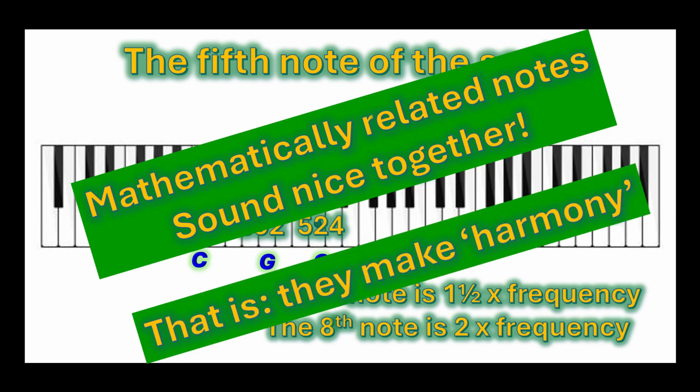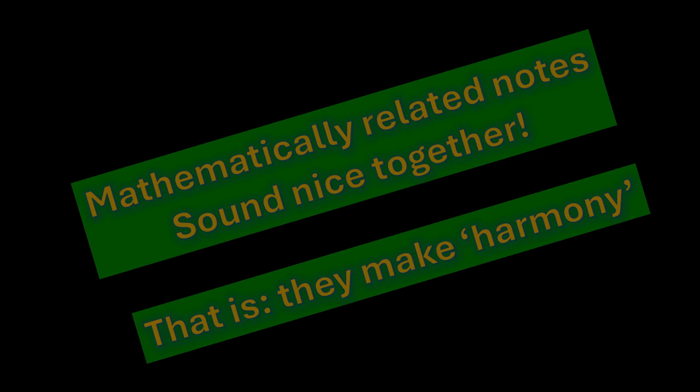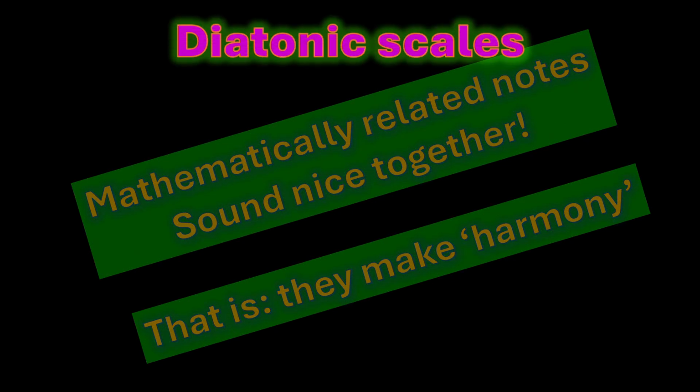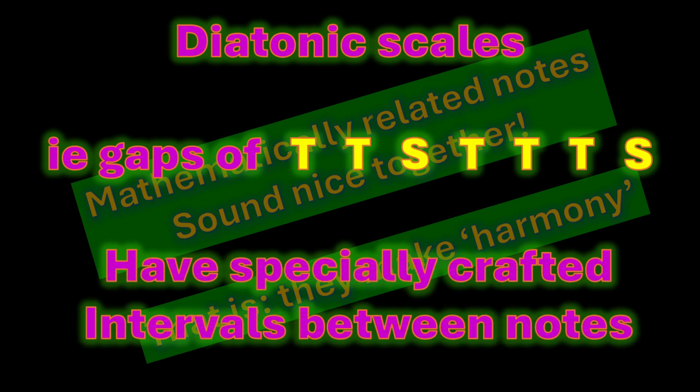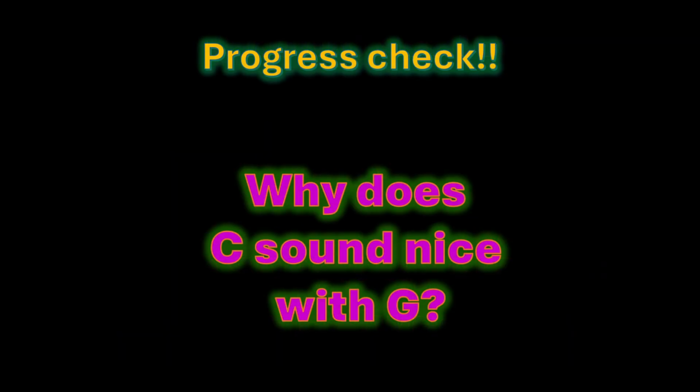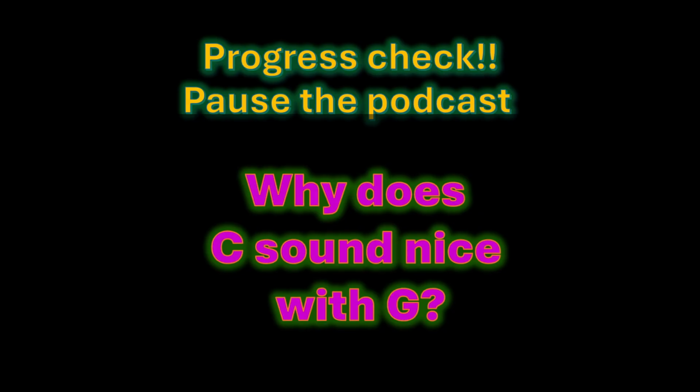A diatonic scale, do, re, mi, fa, sol, la, ti, do, has gaps between the notes of tone, tone, semitone, tone, tone, tone, semitone. And these are specially crafted intervals between the notes in order that the diatonic scale can easily make what sounds like nice harmony. Just pause the podcast for a minute and just tell me, why does C sound nice with G?